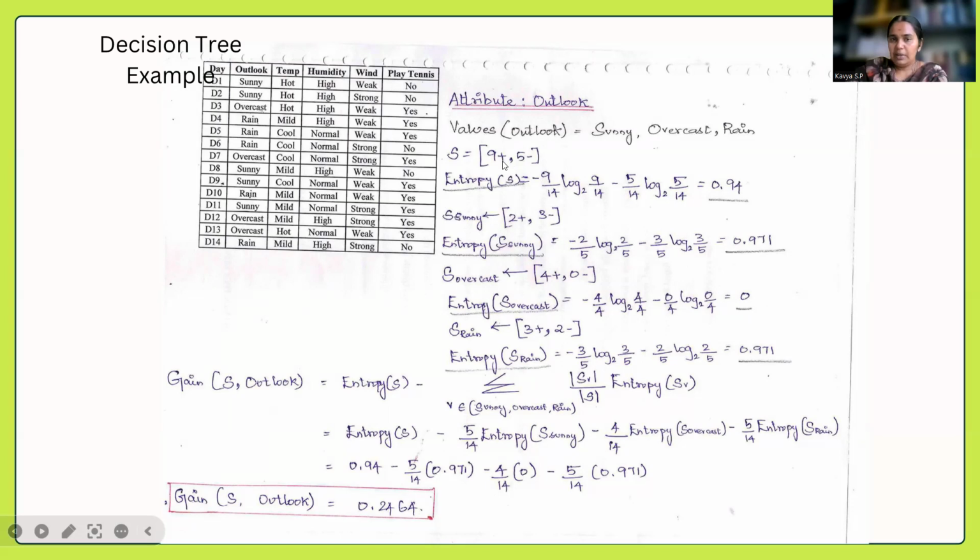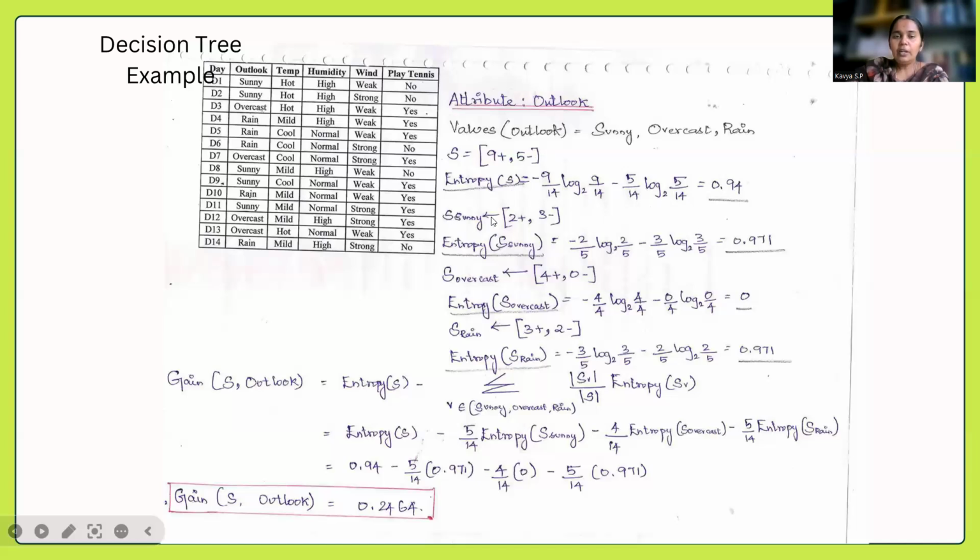So 9 plus denotes yes, and 5 minus denotes no. The entropy of S is minus 9 by 14 into log to the base 2 of 9 by 14, minus 5 by 14 into log to the base 2 of 5 by 14, and the resultant value is 0.94.